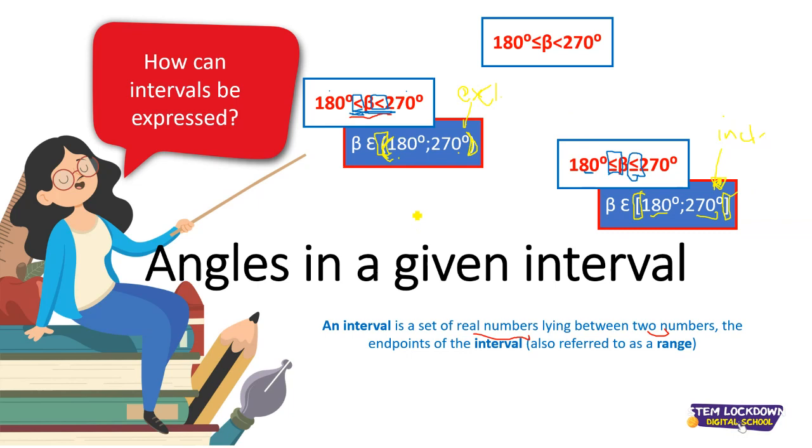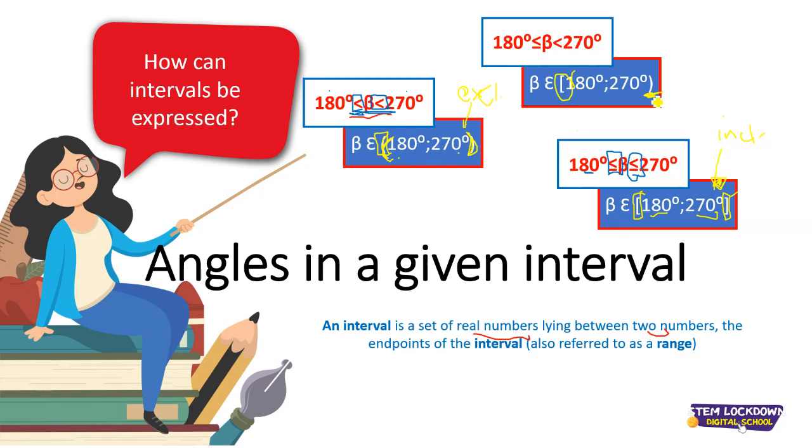Work with me here, guys. In example number 3, we are saying that beta is more than and equal to 120, but it's less than 270. So what we're simply saying here is that you will include 120 in your solution if 120 comes out as an answer, but you will exclude 270 if 270 comes out as an answer.